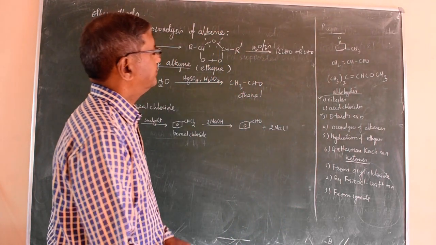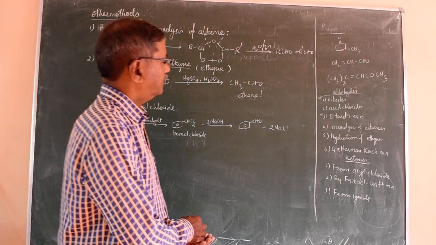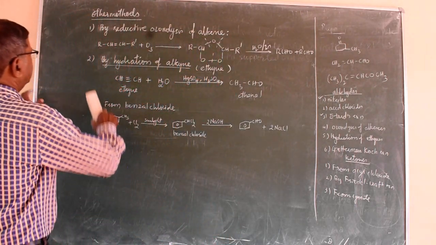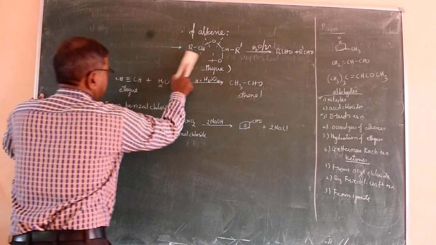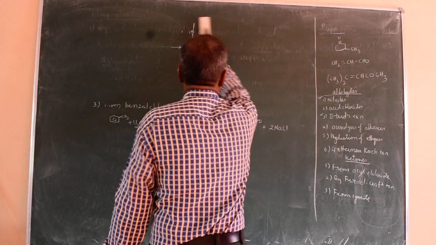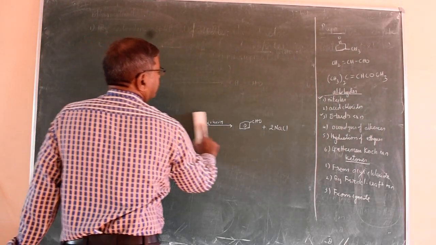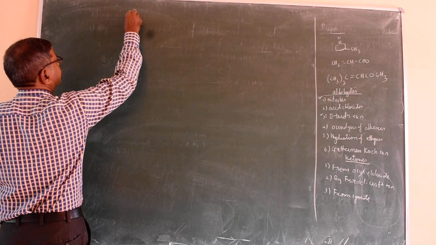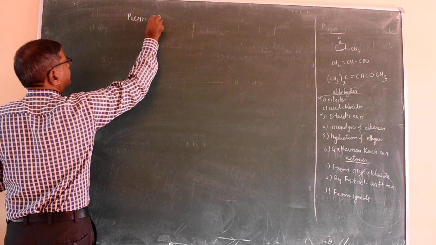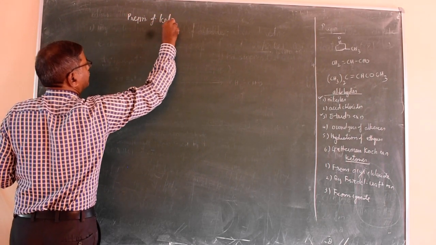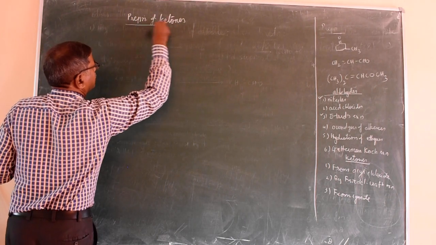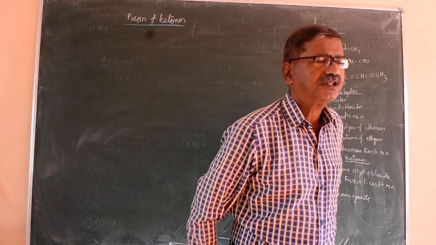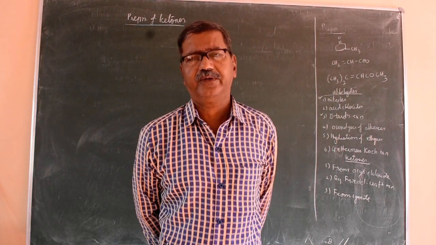So after the preparation of aldehydes, now we have to discuss the preparation of ketones. In the preparation of ketones, the first one is from acid chloride or acyl chloride.